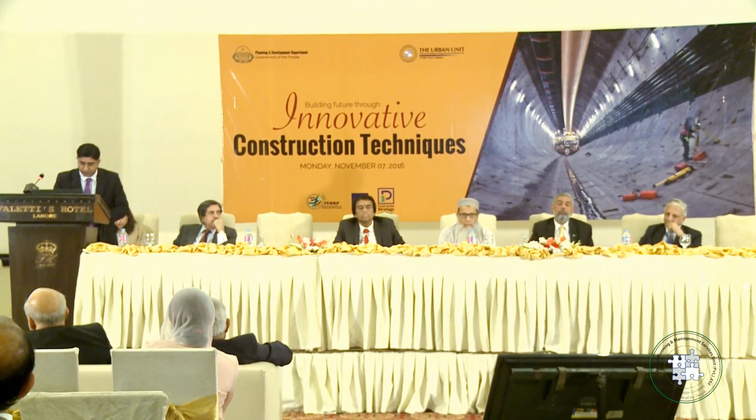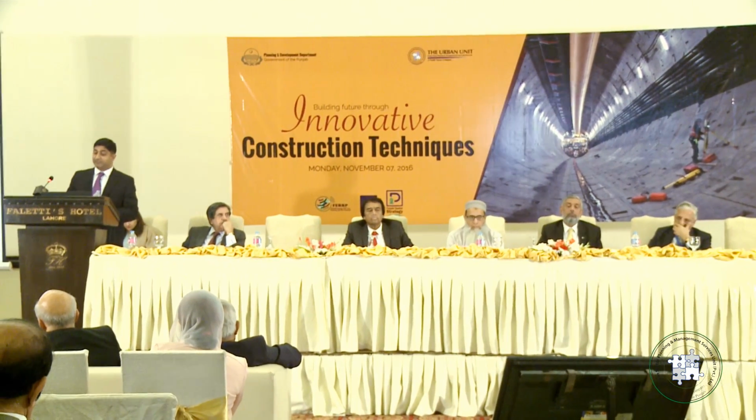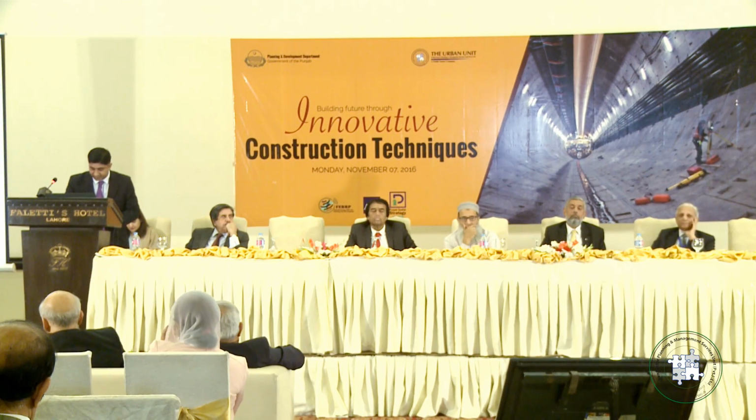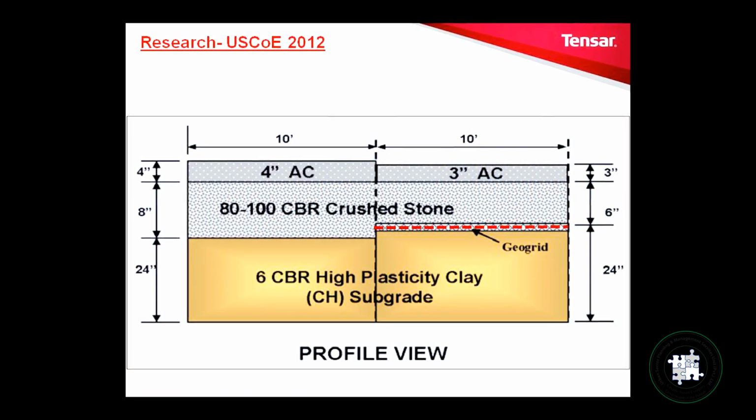This is US Corps of Engineers 2012, 5 sections. Actually, I'm just showing you 2 sections. A bit thicker asphalt course, 4 inches and 3 inches with the Geo-grid, 8 inches unstabilized, 6 inches of aggregate with the stabilized, and both perform equally.